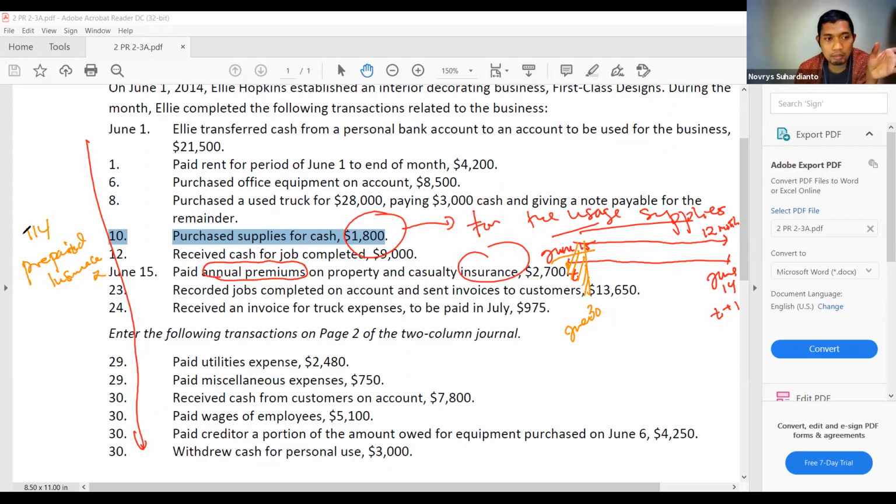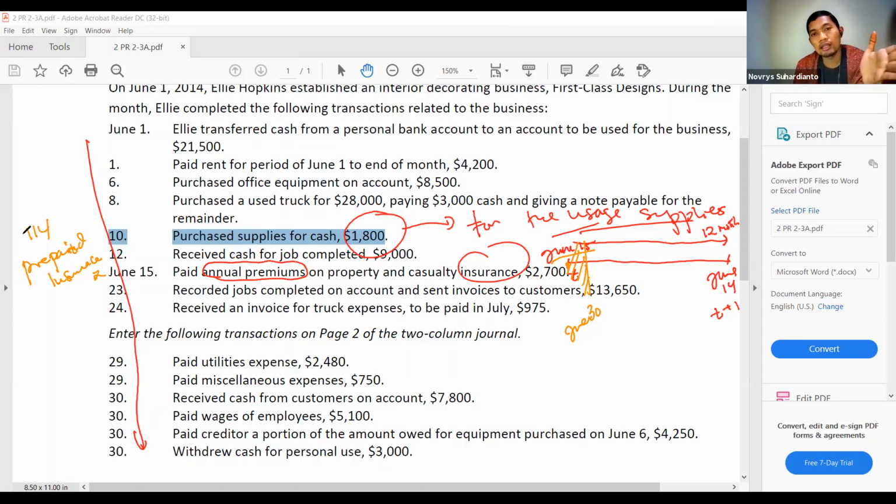So we debit prepaid insurance, we credit cash, and we classify this prepaid insurance as an asset because we expect that this insurance will give us economic benefit for a year. Okay.